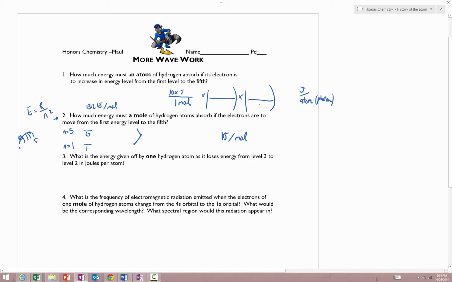Question number 3 has a little bit more to it. You're asked how much energy is given off or released from one hydrogen atom as it loses energy from level 3 to level 2. So we're starting at n equals 3, and this is kicking out energy as it falls back down from its excited state.